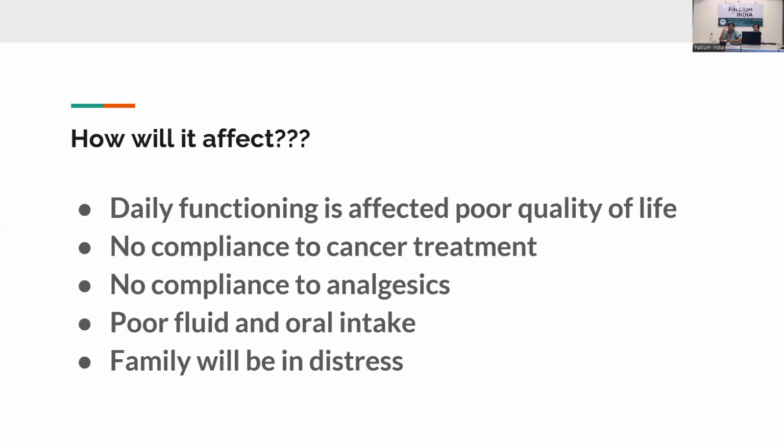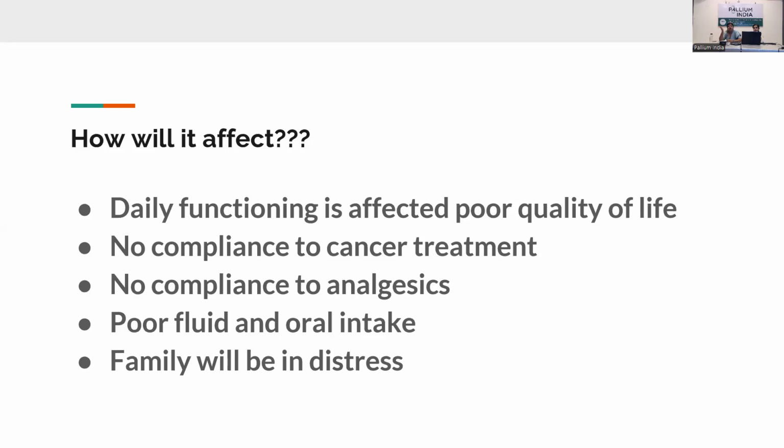They'll tell you, oh, doctor, see, I took 2 cycles and it was very disgusting. I don't want to get this kind of vomiting. It is very distressing. So they'll stop the chemo. Those patients who can be saved, they'll stop the chemo and go back and die. So we have to control this. This is a symptom which we can control. So we should be able to assure them.